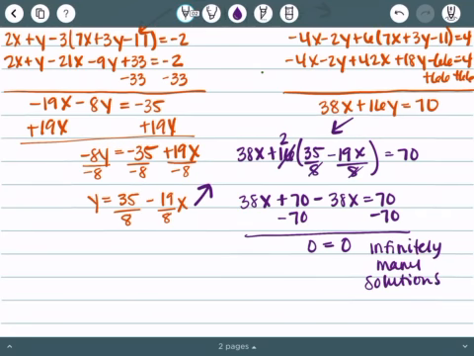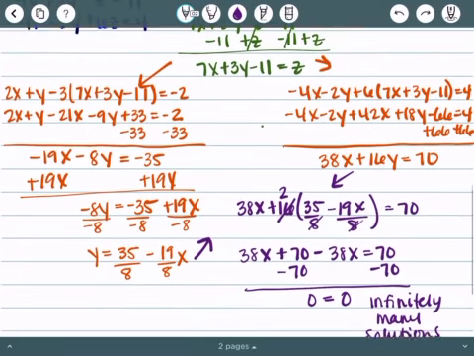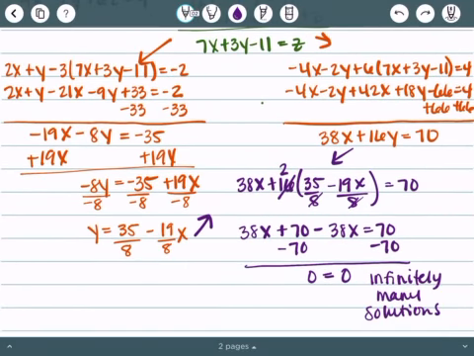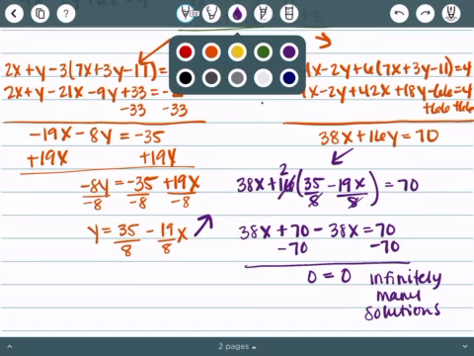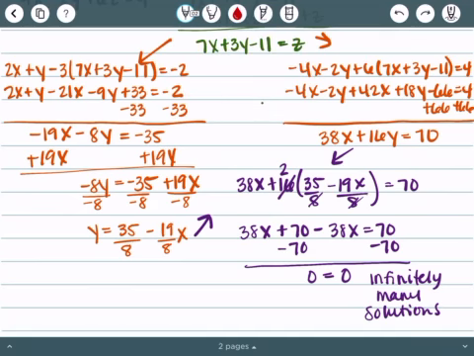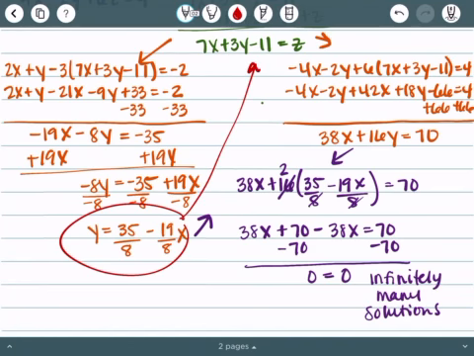Okay, so since I got x is infinitely many, we're going to solve all of these in terms of x. So I'm then going to take this y here, because this is just to write it as a point. So I'm going to take this y, and I'm going to plug it into this equation.